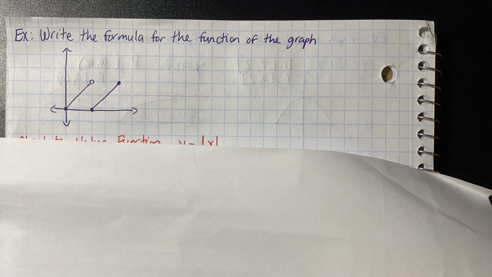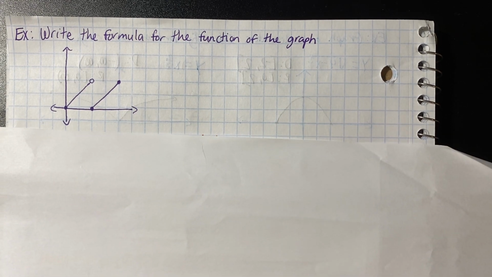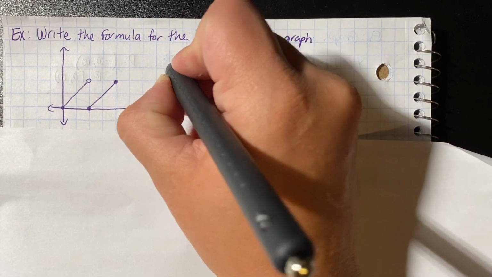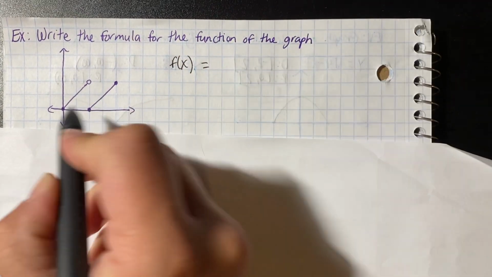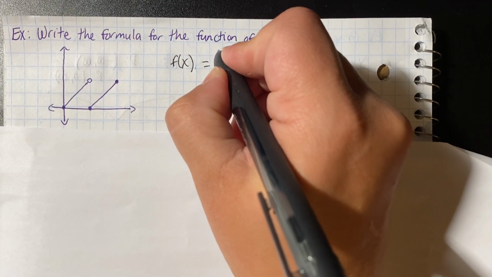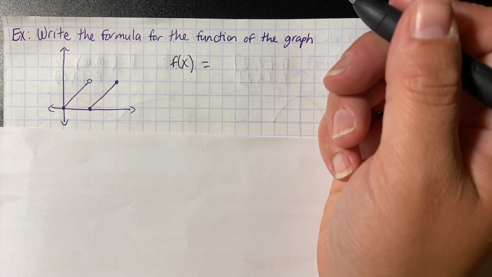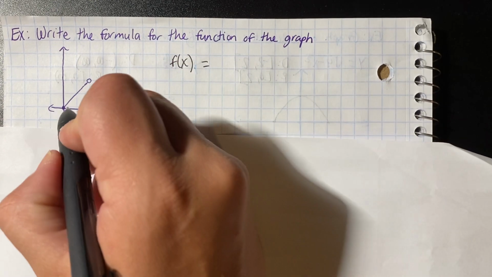All right, write the formula for the function of the graph. So we are going to write our own piecewise function. We are going to just put f of x equals, it looks like we have 2 pieces to our function. So let's do this first one.